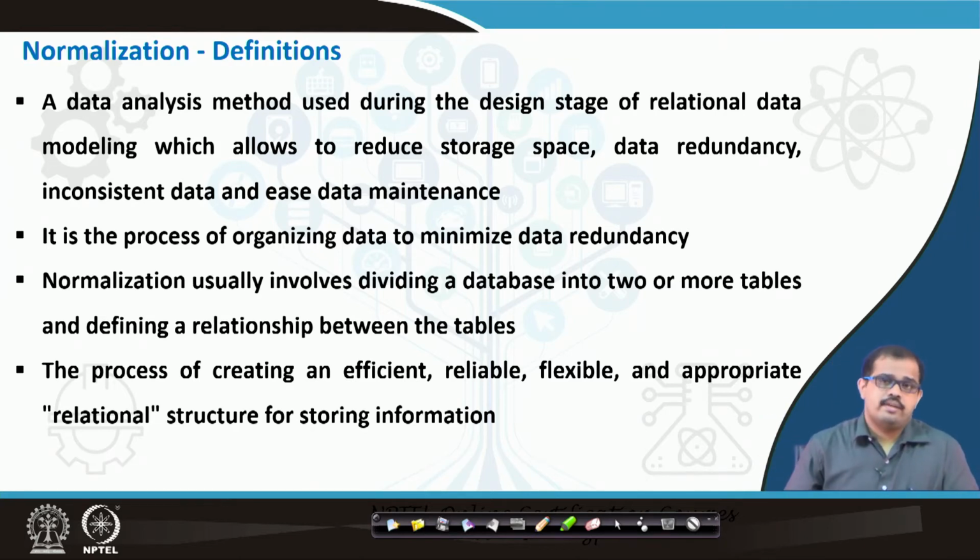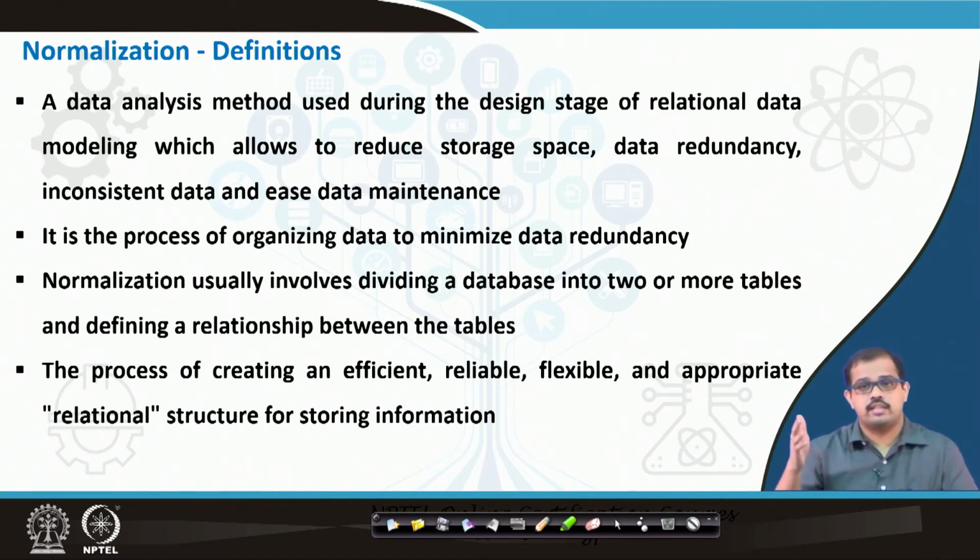The next very important concept that we will understand in today's class is normalization. When I say normalization, it is any data analysis method used during the design stage of relational data, so data that has relationships, entities that have relationships, and modeling, which allows you to reduce storage space, data redundancy and inconsistent data, and eases data maintenance.